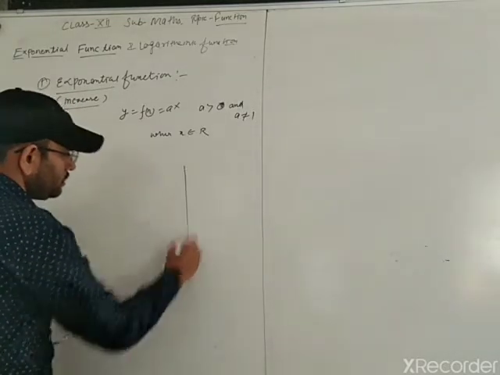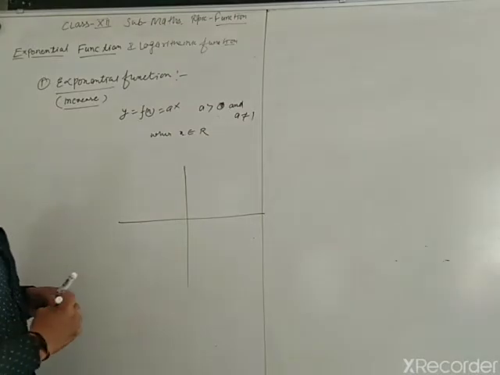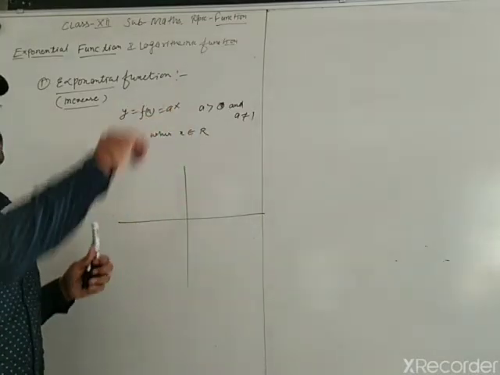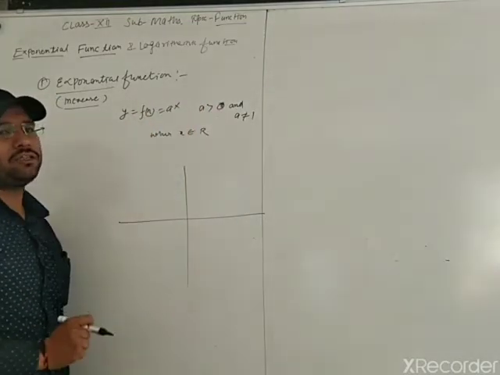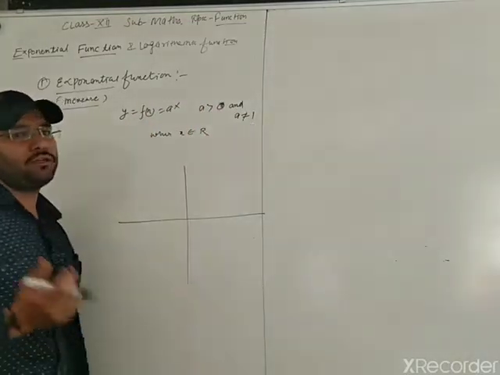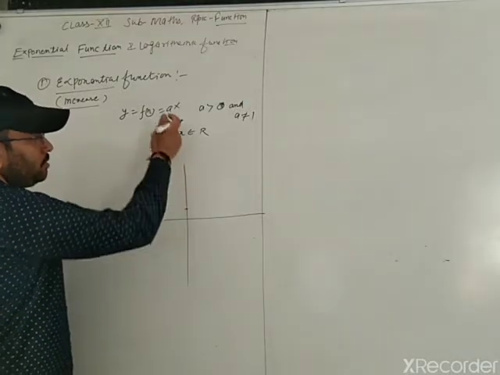Okay, first we'll see, as I told you, the exponential function is a continuously increasing function. So we can take a value greater than 0, but a not equal to 1, so we can take a is equal to 2, clear.